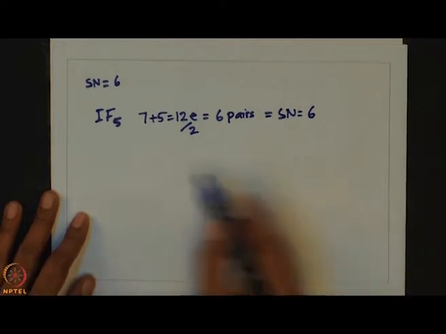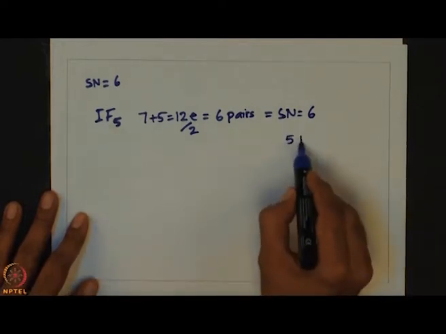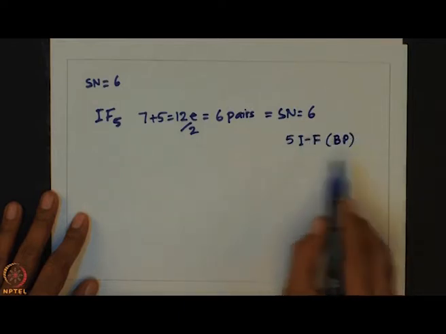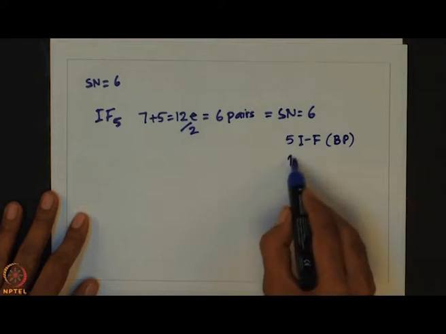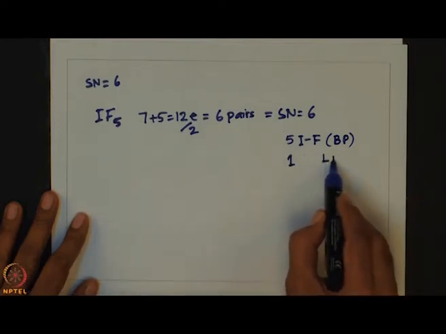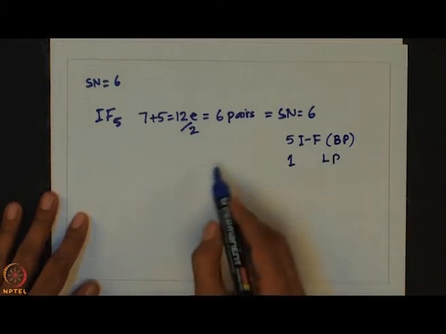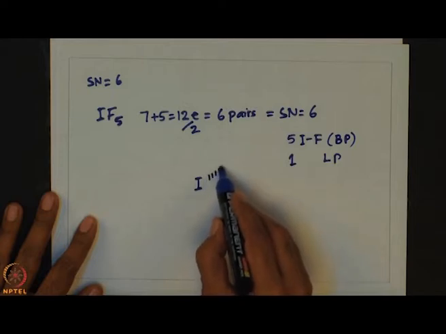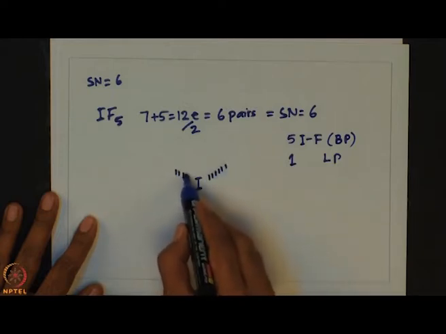So, now out of this we have 5 I-F bonds, that is bonded pairs, and then 1 lone pair will be there. So, geometry is octahedral as usual, because the steric number is 6.